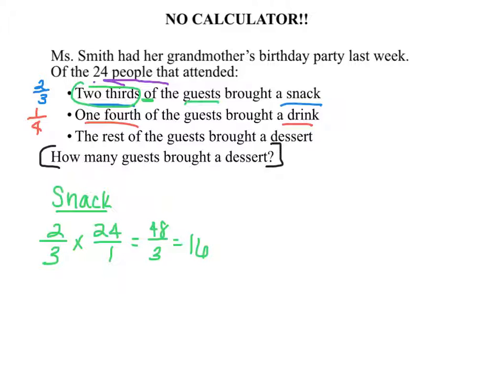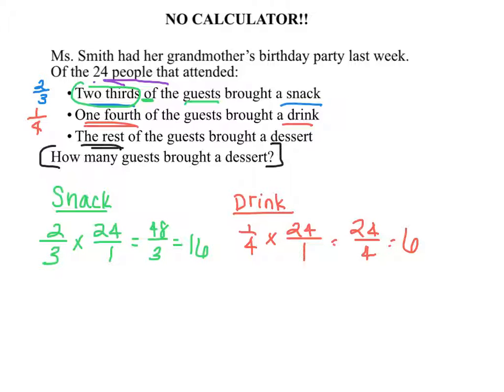Now I'm looking for how many people brought a drink. 1/4 of the guests, which is still 24 total, over 1, multiply straight across, I get 24 over 4, I divide that and I get 6.